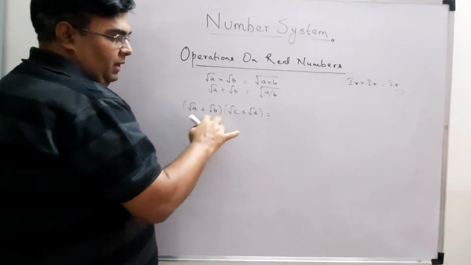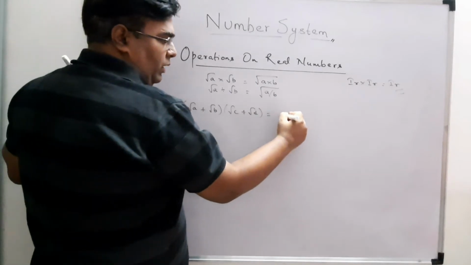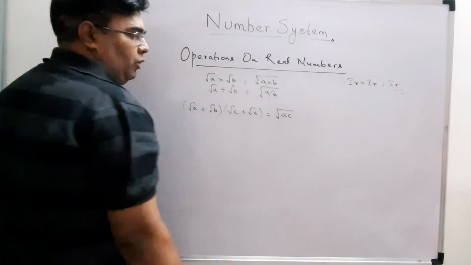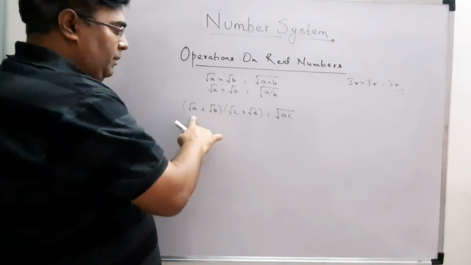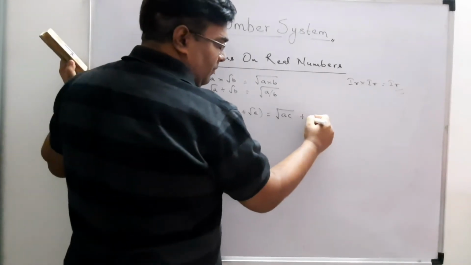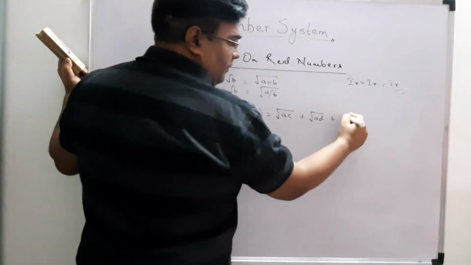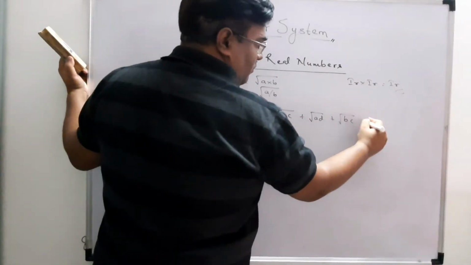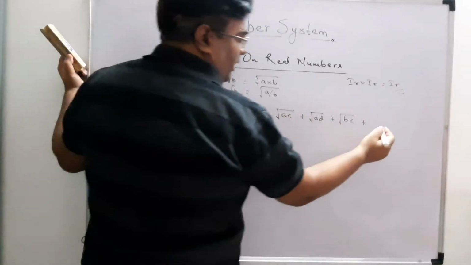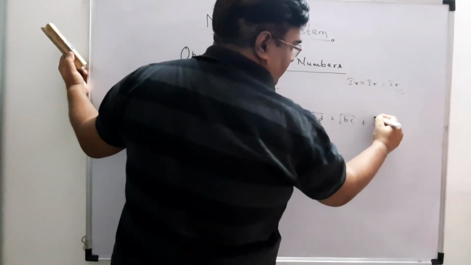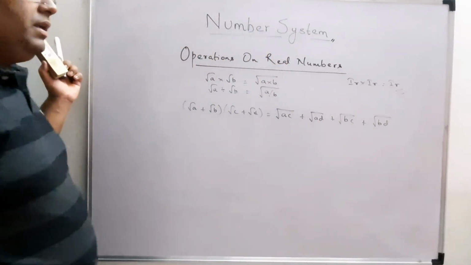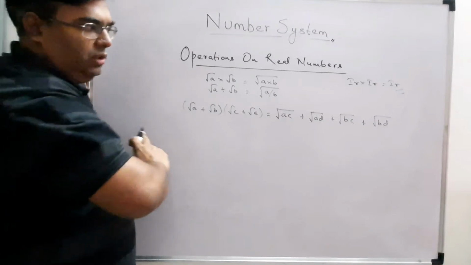Root a multiplied by root c, you will get root ac. Root a multiplied by root d, similarly b and c, and b and d. Right? So this is the general formula.